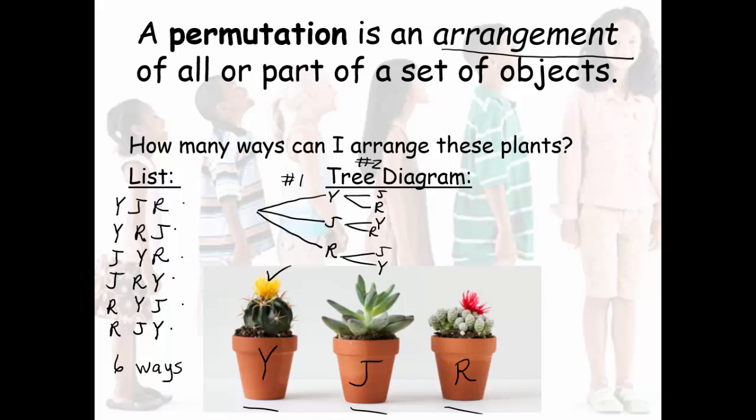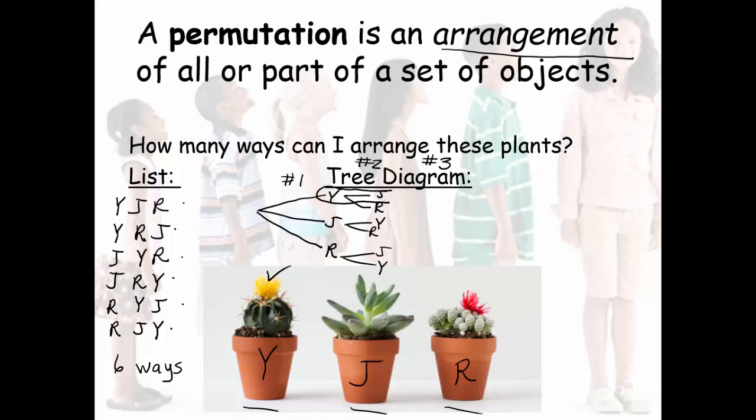So, as they branch out, the number of objects in that final column is going to be our number of choices. So now I've chosen what goes in the first spot. I've looked at all the choices for the second spot. Now we're going to look at the third spot, okay? The third and final place. And here's how it works. This is one of the arrangements appearing right here. So I've got yellow followed by jade.